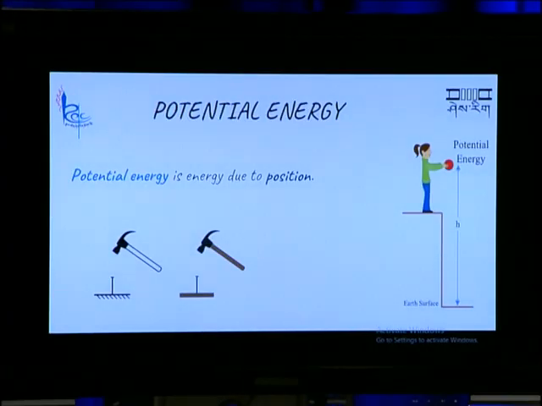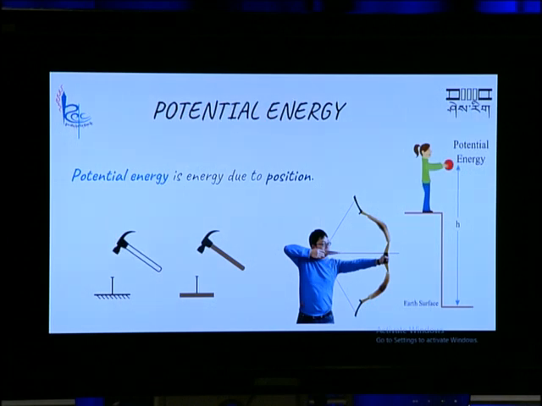Let's look at some more examples. We see a girl with a ball in her hand at a certain height. That ball possesses potential energy because it will be able to do some work. Potential energy is an energy due to position. Let's look at kinetic energy now.